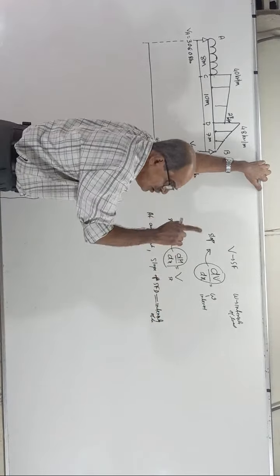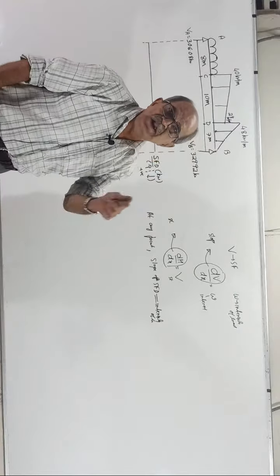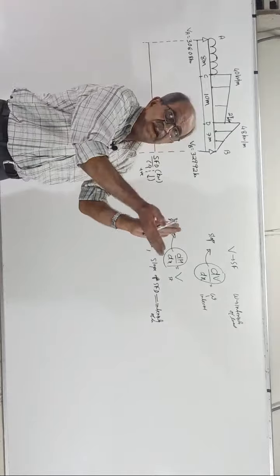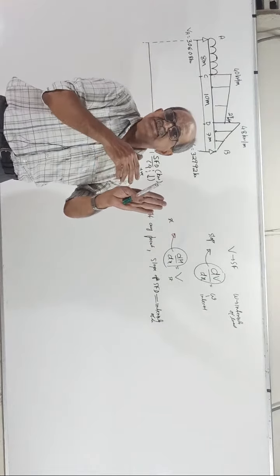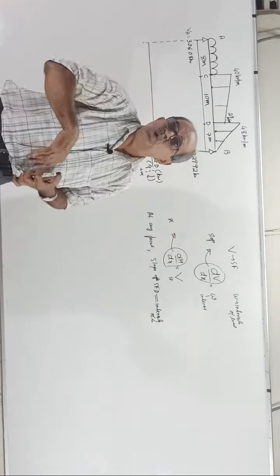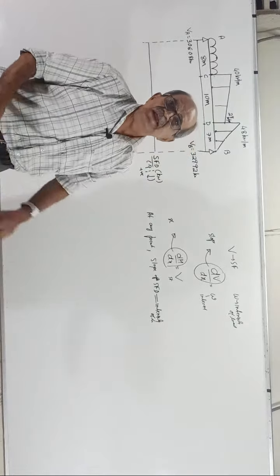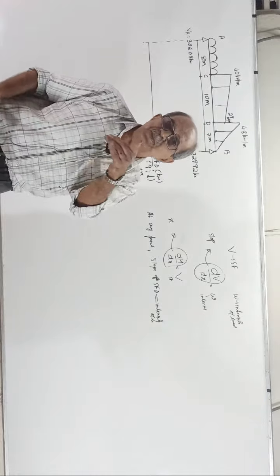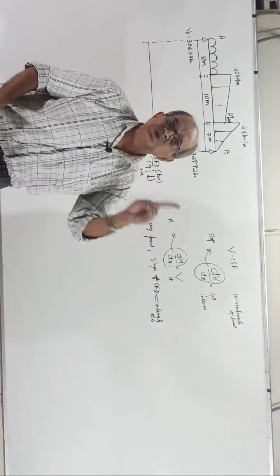Load intensity more means slope is more. Load intensity less means slope is lesser. Suppose on either side you see there, if either side has the same intensity, same slope. If the intensity on either side is different, then where intensity is lesser, slope is lesser. Where intensity is more, slope is more.